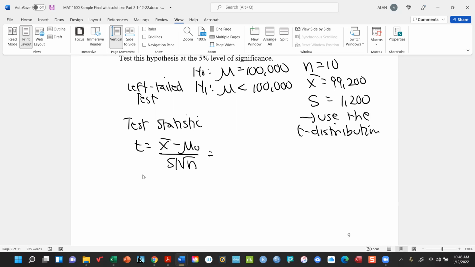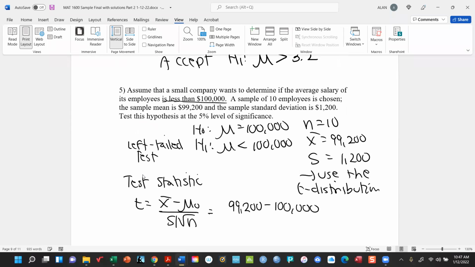So the mean is 99,200. The hypothesized value is 100,000. In other words, this number right here is mu0. S is 1,200. Square root of 10 is here.